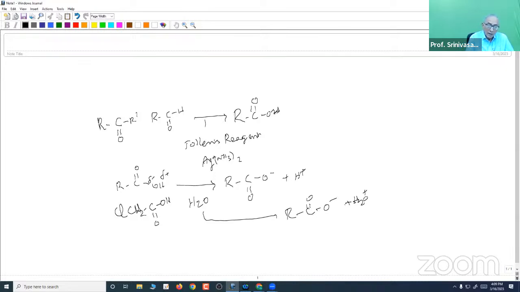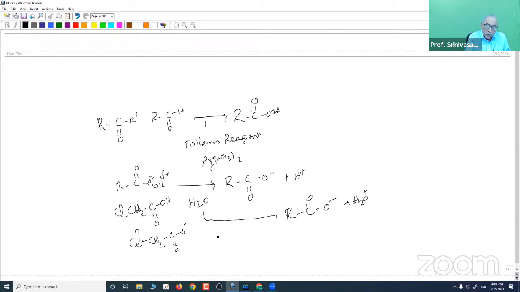You can put it in another way. You have Cl, CH2. This O minus, which is formed by the ionization of this chloroacetic acid, will be stabilized by the electron withdrawing effect of the chlorine atom. So chloroacetic acid is more acidic than acetic acid.